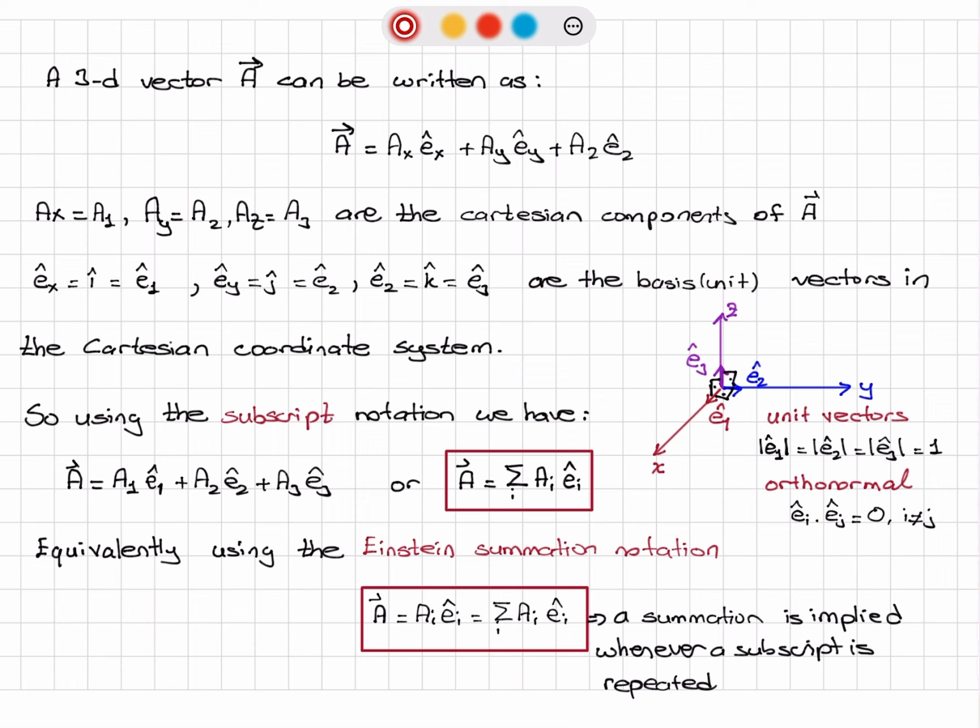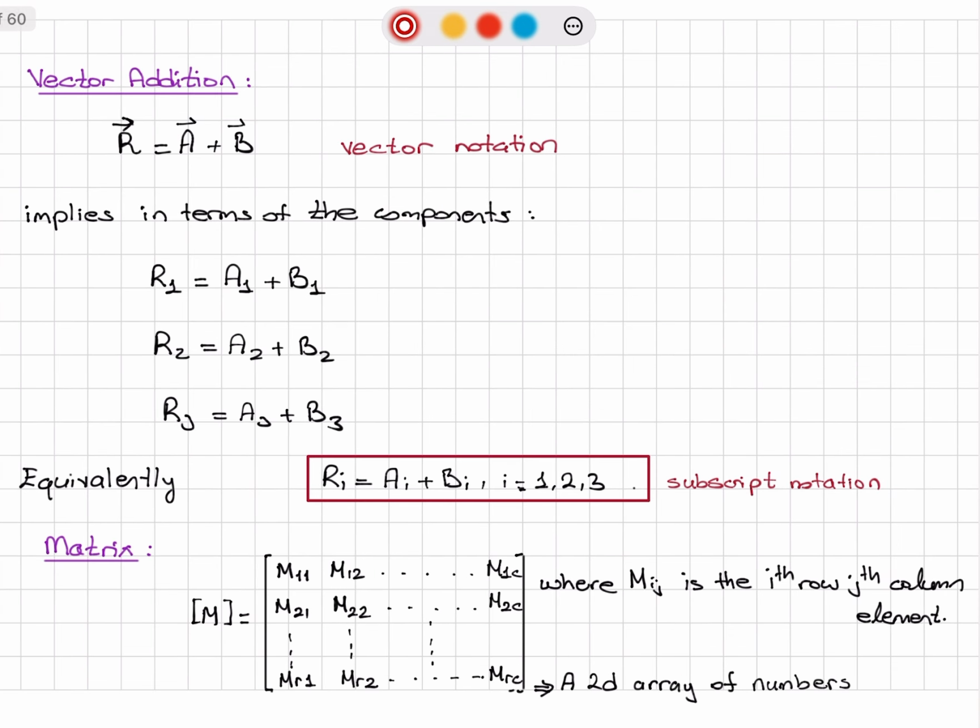And we have seen that these unit vectors, the basis vectors in the Cartesian coordinate system, are orthonormal vectors and they're unit vectors. And when we write vector addition, we can either use vector notation, or we can write it in terms of the components using the subscript notation.